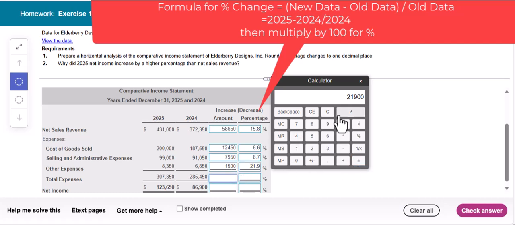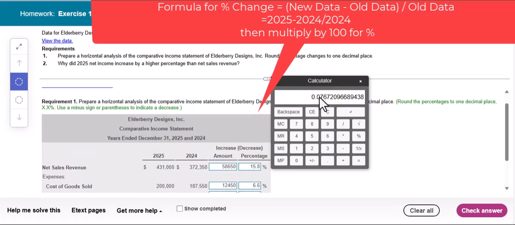So I'll enter that in. And then again, to get that percentage change, we divide by the old year's amount, which is 285,450. So let's see what that changes. So that overall change is 7.7%, because again, we're rounding to that first decimal place after this is converted to a percentage. So that would be just multiplying this number by 100.